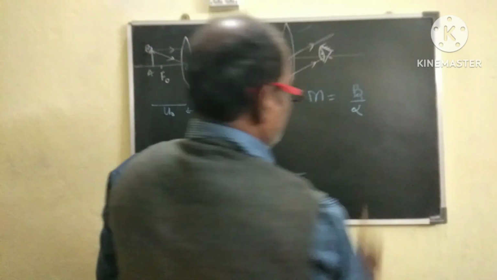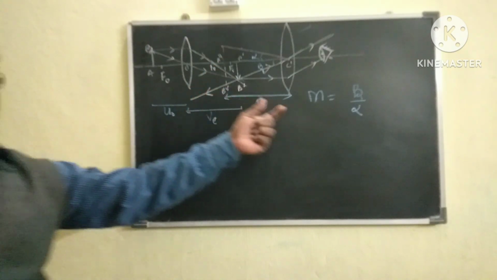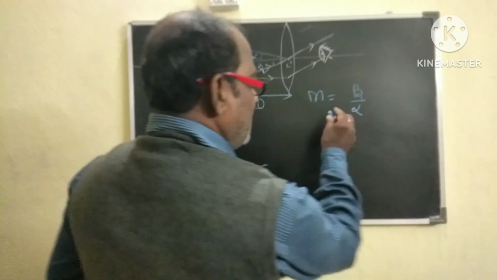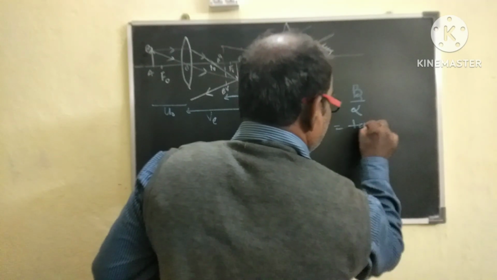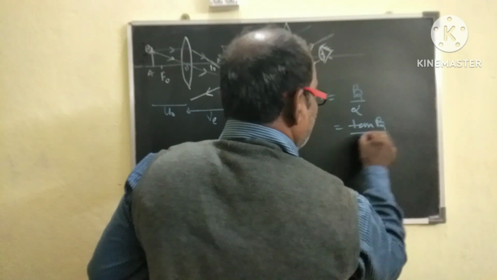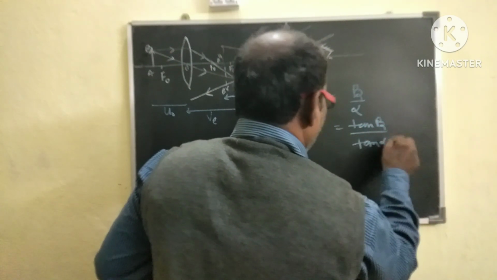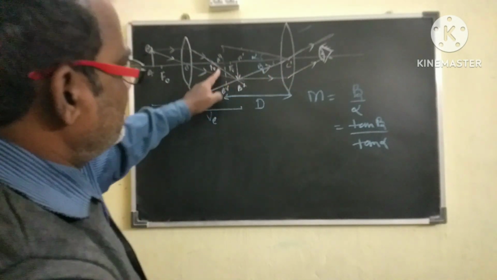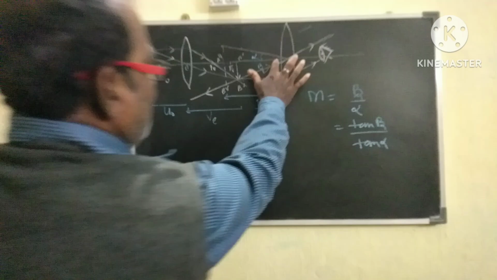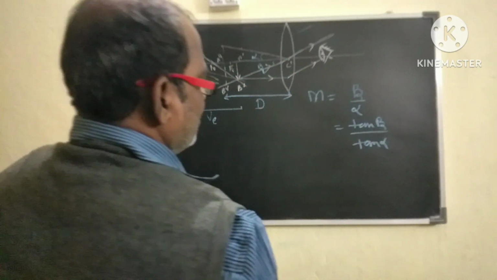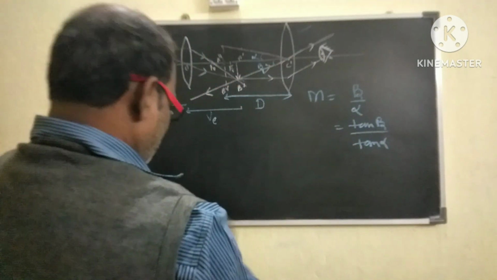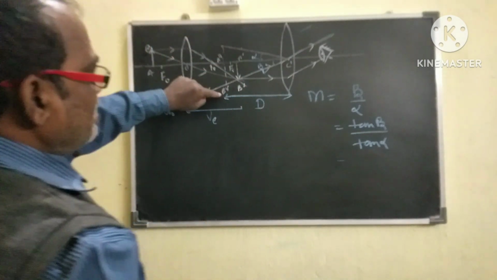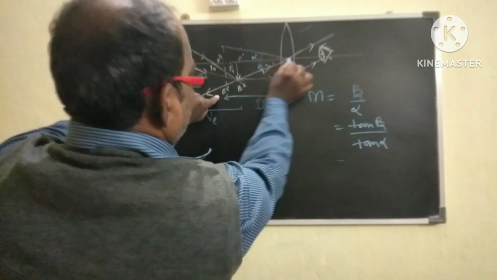beta by alpha. Since beta and alpha are such small angles, they can be considered as tan beta by tan alpha. Now from this diagram we can say that tan beta is equal to A''B'' by A''C'.